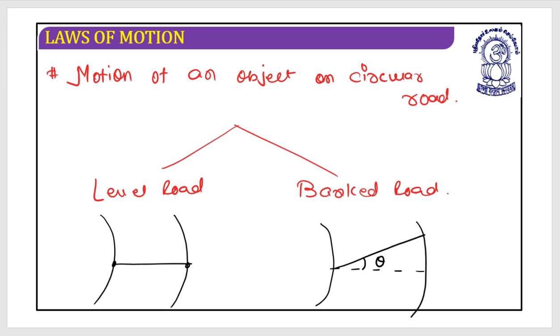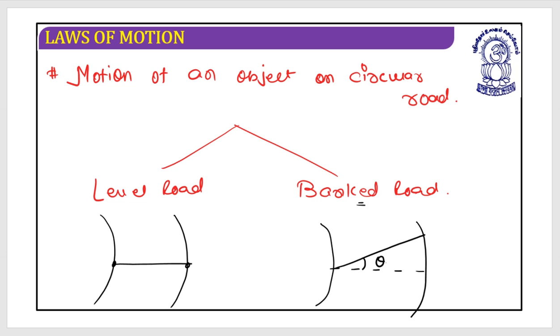This is theta. Again, one more thing, this theta is very small. It could not go to 10 degrees, 20 degrees, 30 degrees or something. No, it is not that. But this is very small, yet it has a larger effect when we bank the road. How this effect will play a role, we will see in the theory sections.